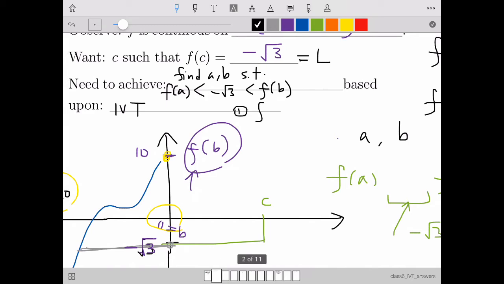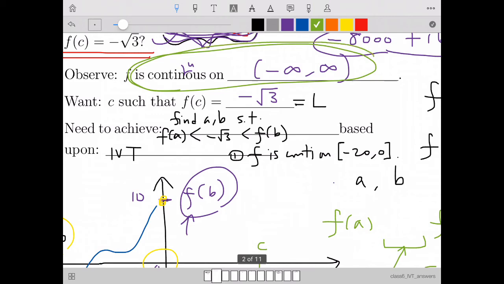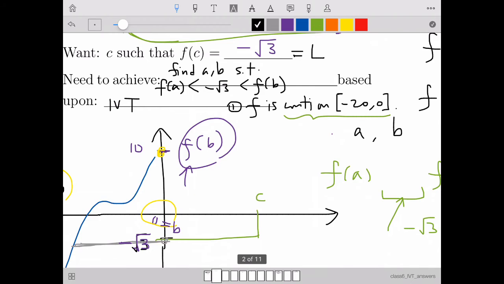Number 1, f is continuous on the closed interval minus 20 comma 0. Because f is continuous everywhere on the real numbers, it will be continuous on this closed interval, of course. And then number 2, minus square root of 3 is bigger than f of minus 20 and less than f of 0. Right?